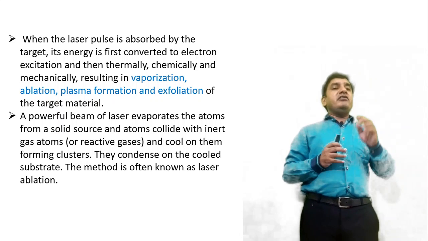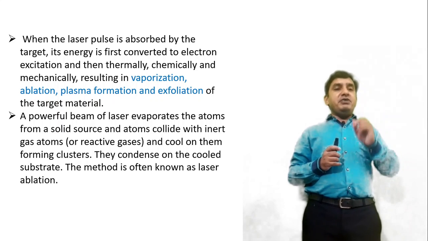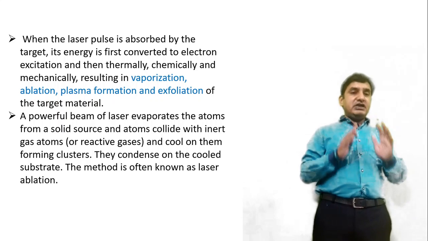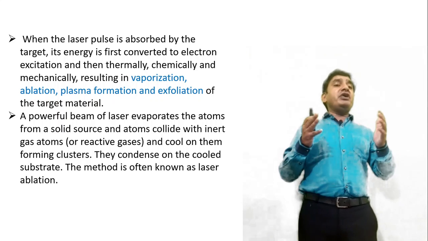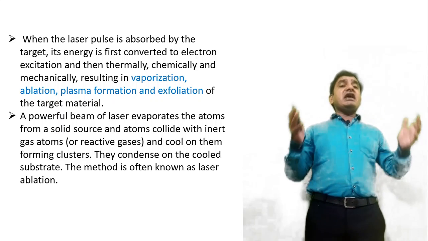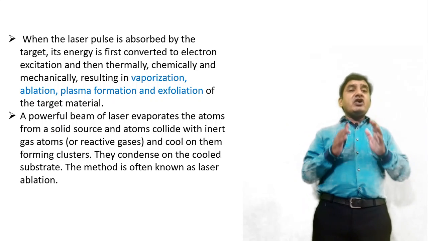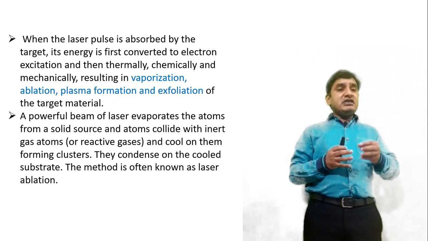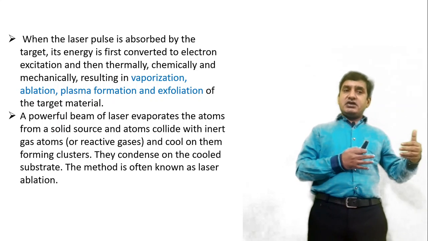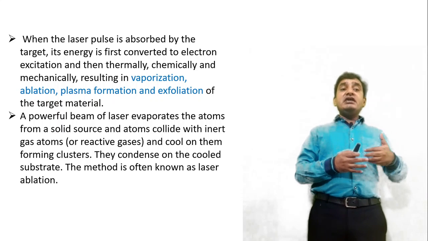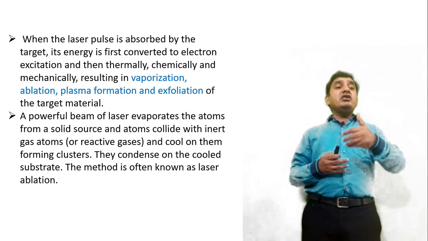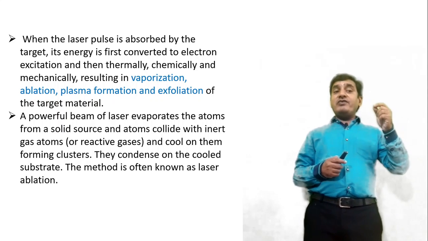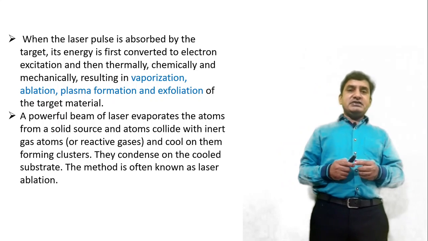That is, when the laser beam is incident on a target material, it evaporates the atoms, and these atoms collide with the inert gas. There is a formation of clusters, and these clusters condense on the substrate so that we get a thin film.